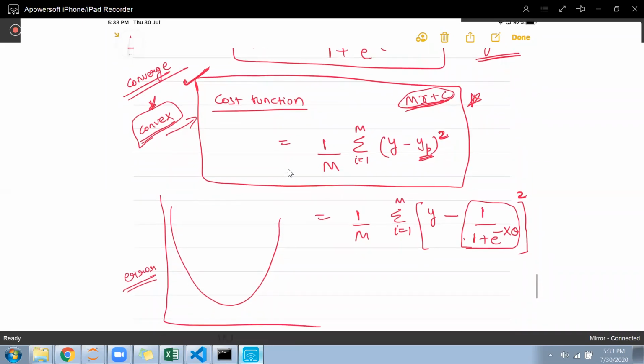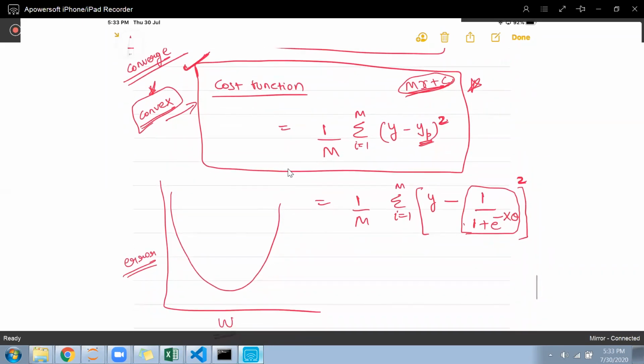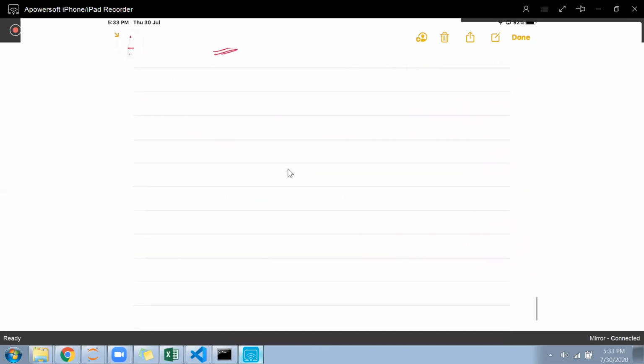Is it clear why I'll not use this cost function? Because now we have sigmoid over here, so the curve will not be this parabola. So we'll use a different cost function. We'll use the log likelihood function for measuring the cost.